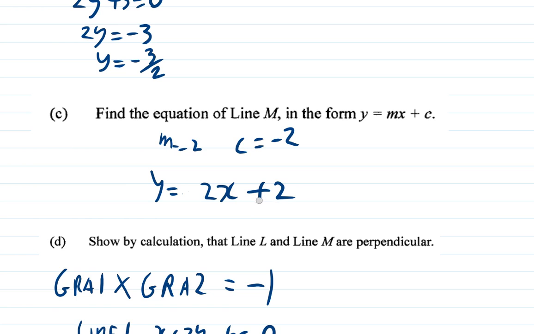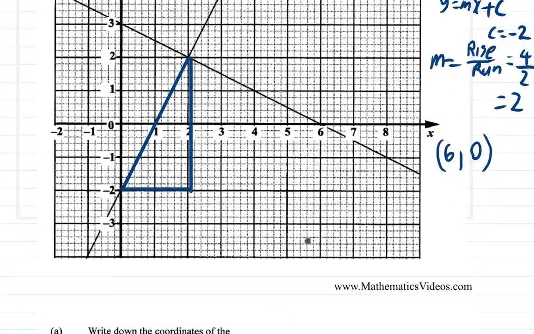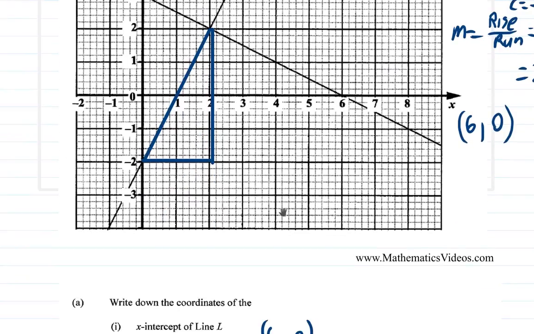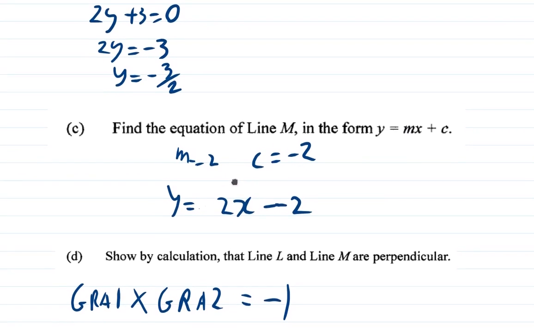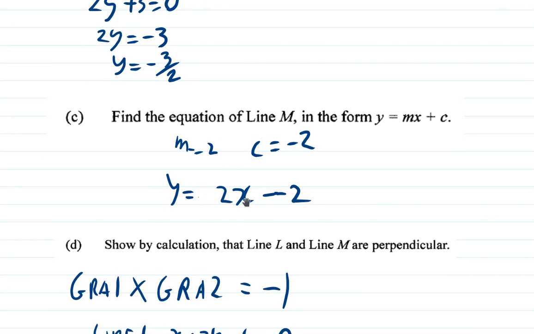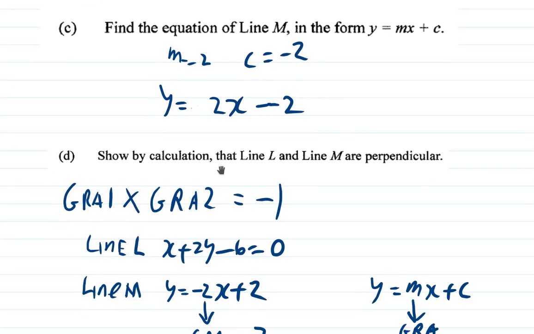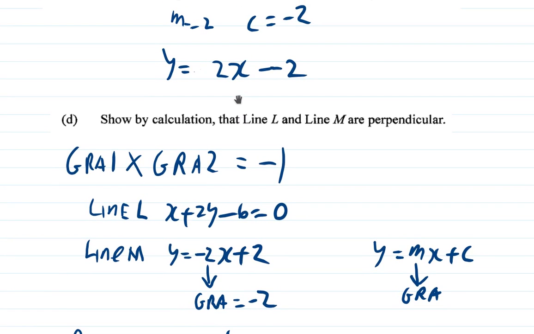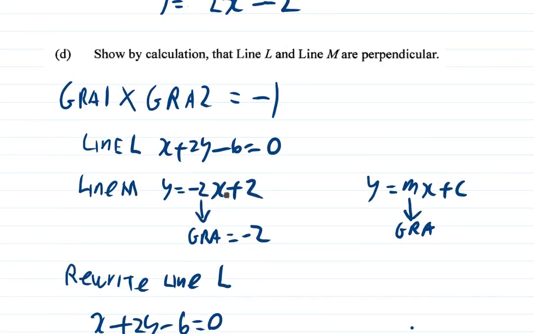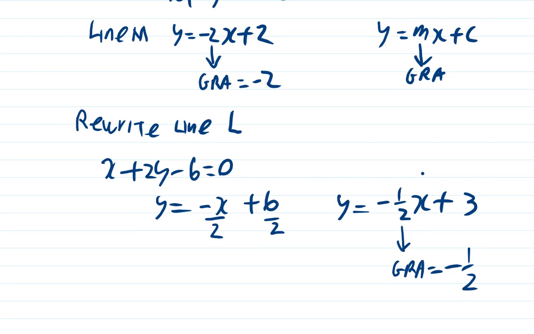M is 2. C is negative 2. Because line M has a positive gradient, right? So line M is positive 2. Y equals 2x minus 2 is the equation of line M.